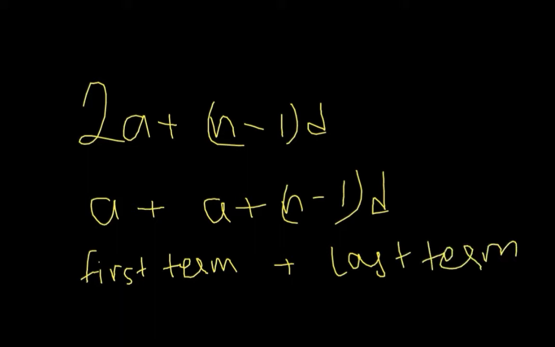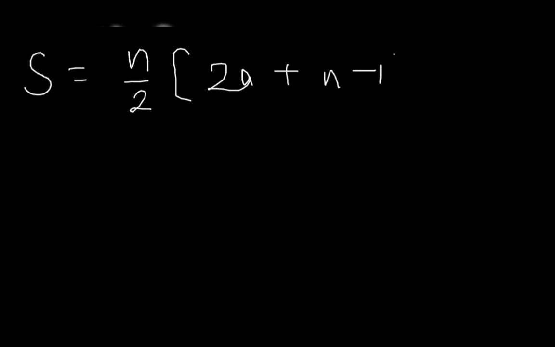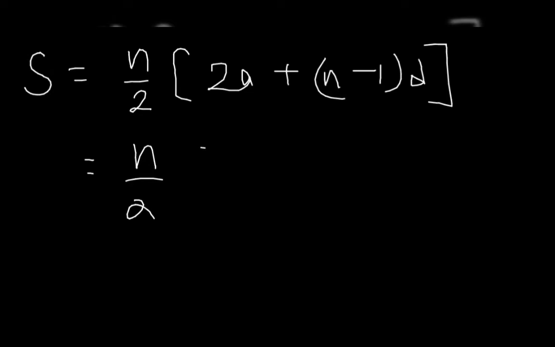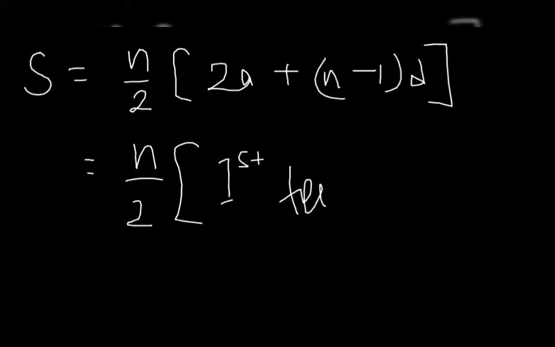So we can also write the formula like this. S is equal to n by 2 into (2a plus (n minus 1)d), or n by 2 into (first term plus the nth term).